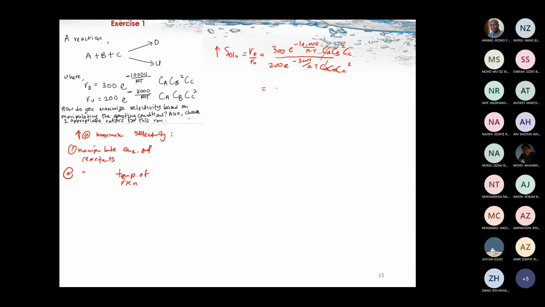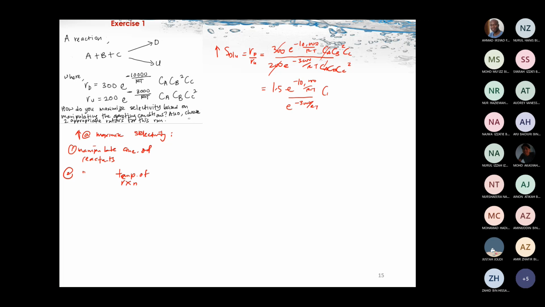I simplify 1.5, e to the power of negative 10,000 over RT over e to the power of negative 3,000 over RT.